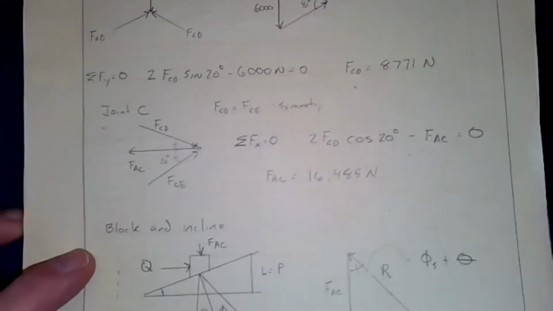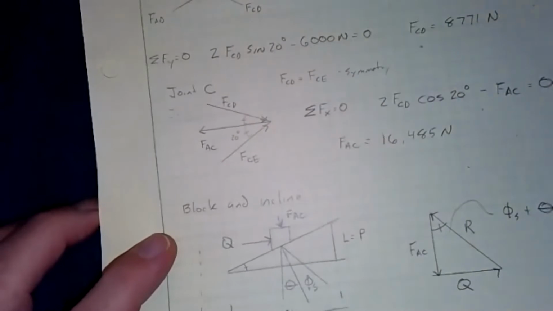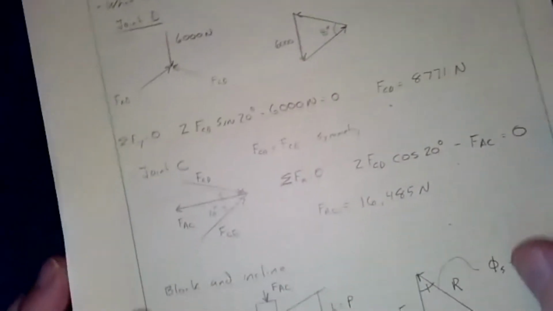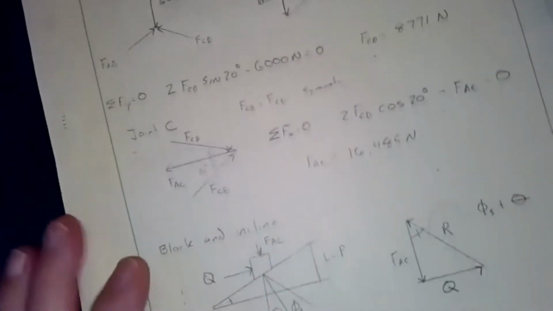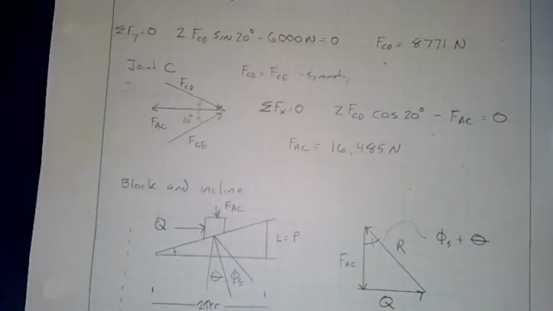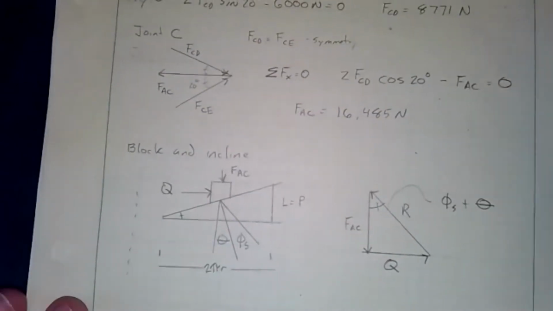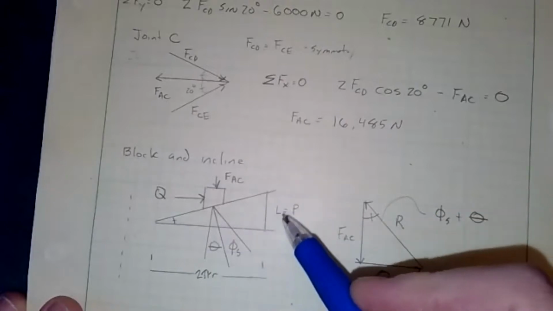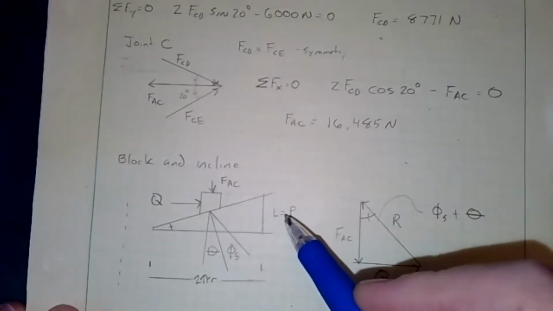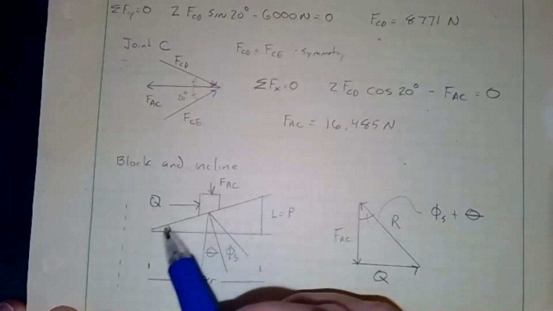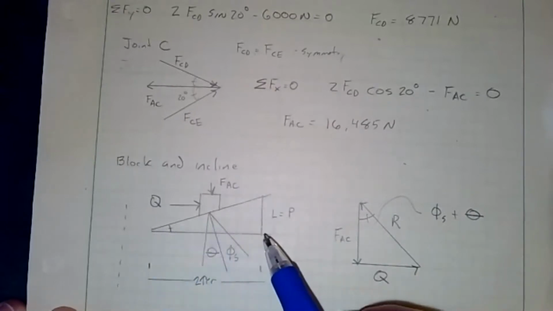All right. Now we look at our incline. There's our block and our incline. Just like what I showed you before, we know that this side is equal to the pitch, L equals P, and this whole length here is 2 pi r.